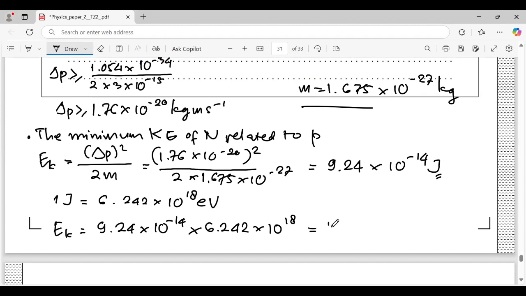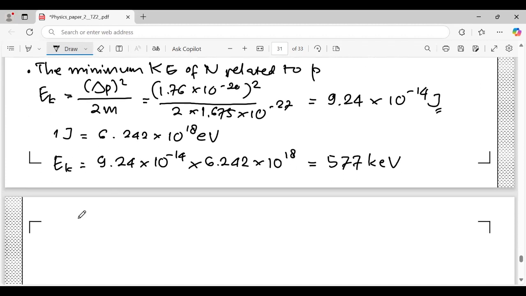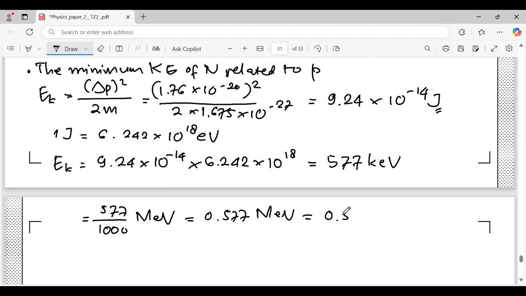And the result is 577 kilo electron volt. I like to simplify or convert this into mega electron volt, which means dividing by 1000. It is 0.577 mega electron volt, or about 0.58 mega electron volt.